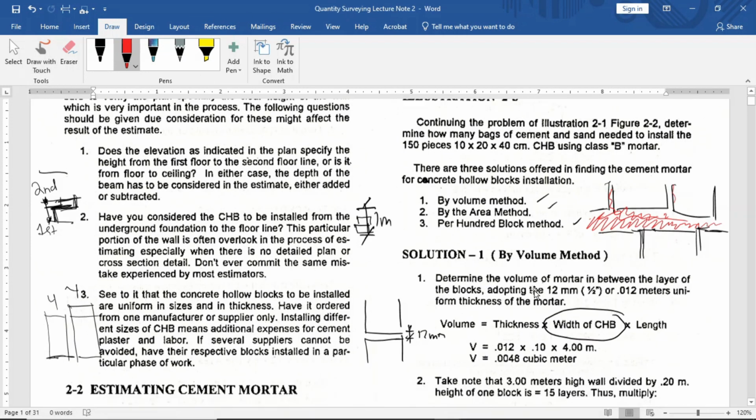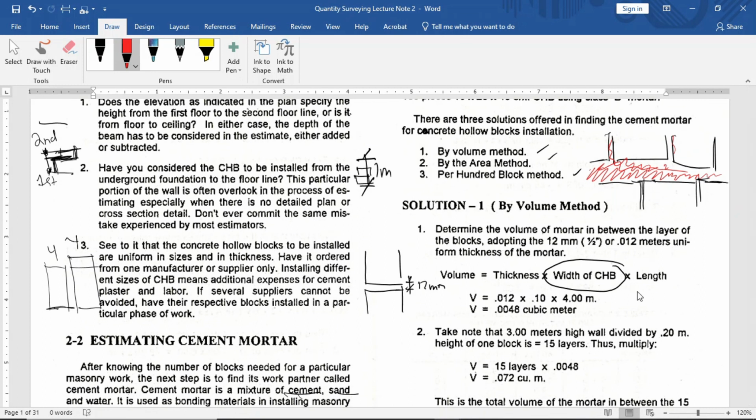So, 0.2 times the width of the CHB times length na 4 meters is equal to 0.048 cubic meter. So take note that the 3 meters high wall divided by 0.2 height of it is 15 layers.